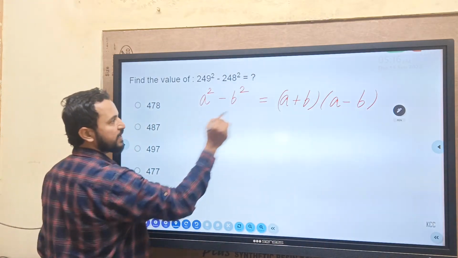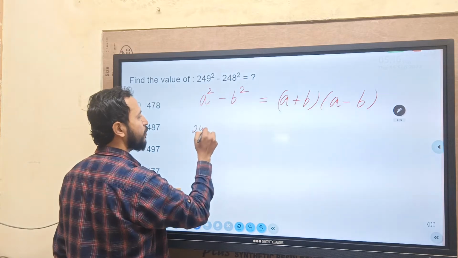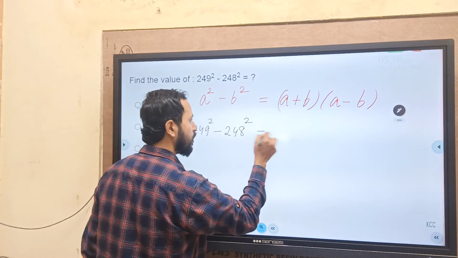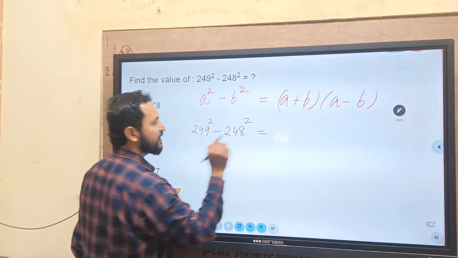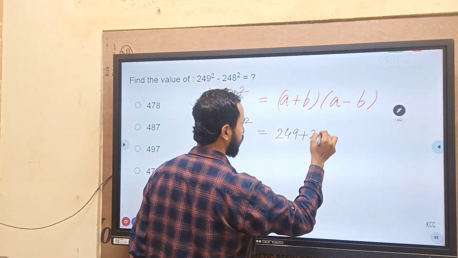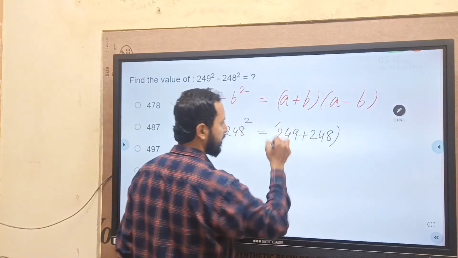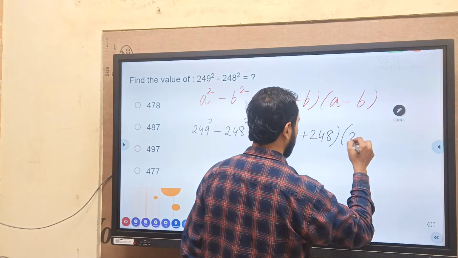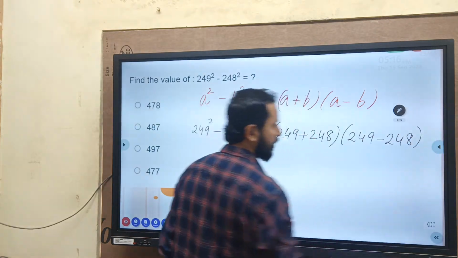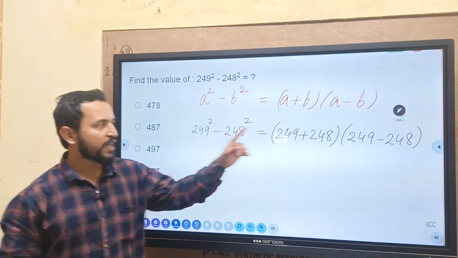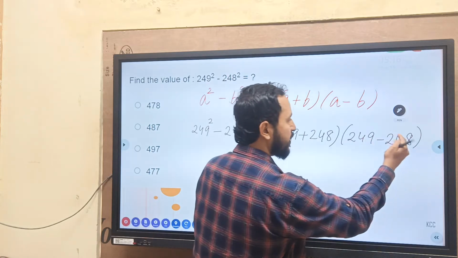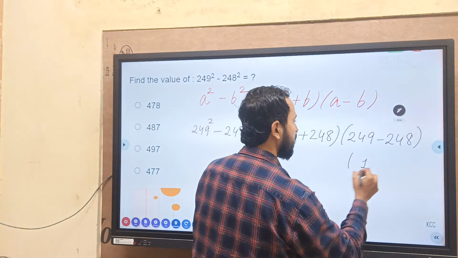Now we will write the same thing. Question asked is 249 square minus 248 square. What we have to do? Add the two numbers first, 249 plus 248, then subtract the same numbers, 249 minus 248, which is nothing but 1.